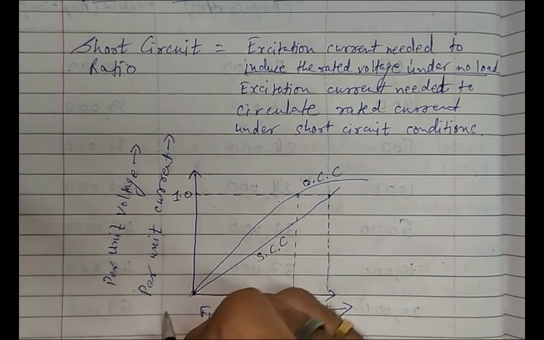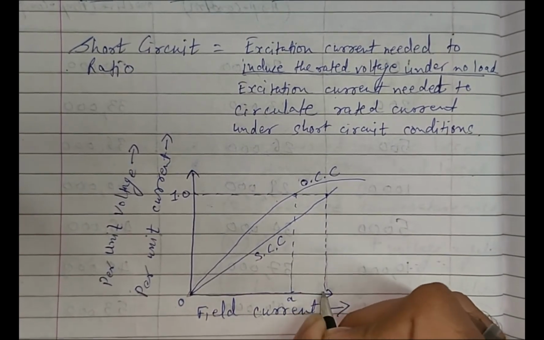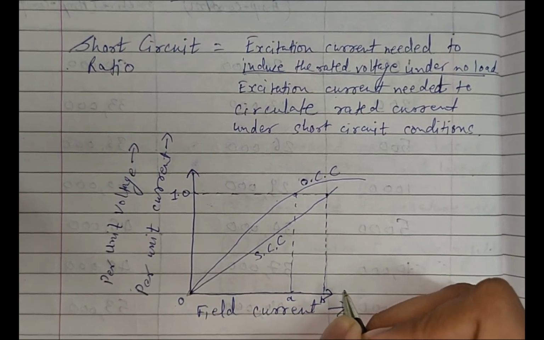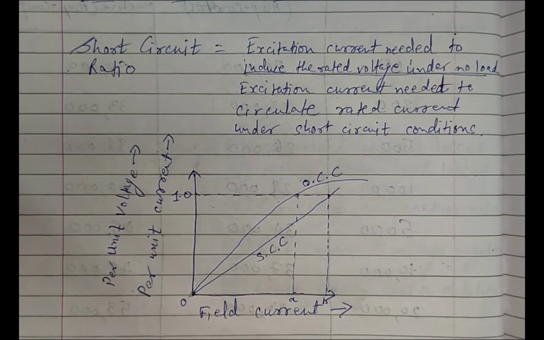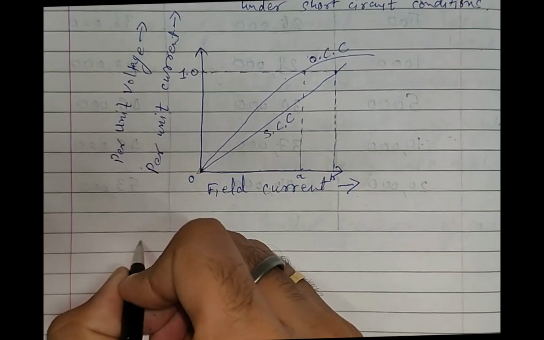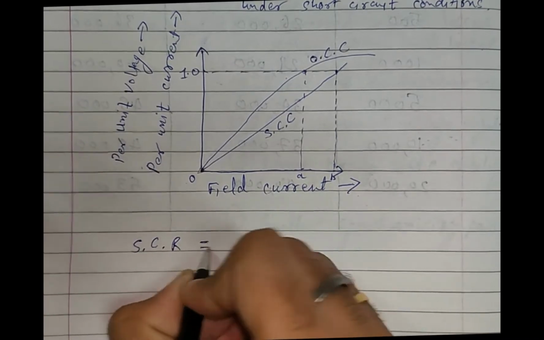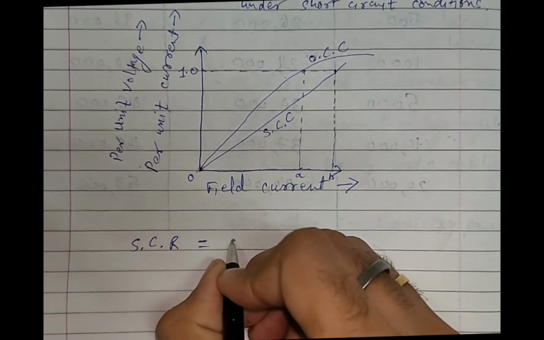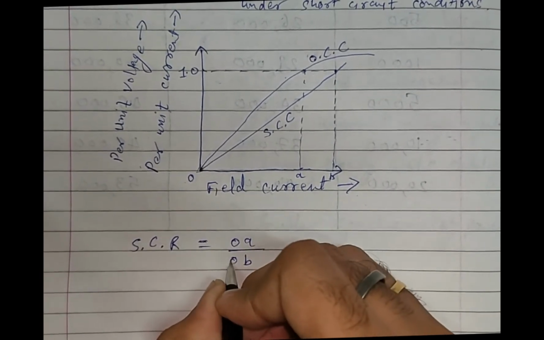Let us name this as O, this is A, and this point let us name as B. So according to the definition, we can write the short circuit ratio, short form SCR, equal to OA by OB.